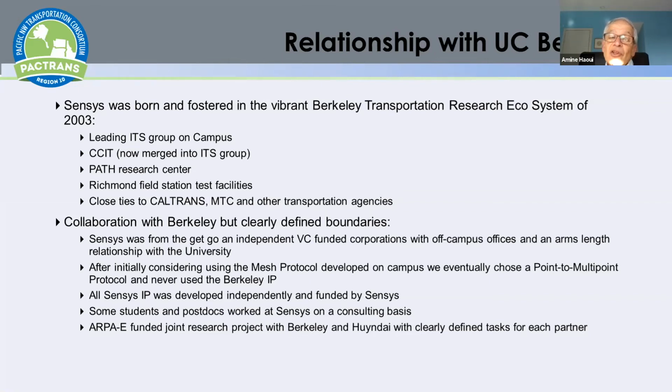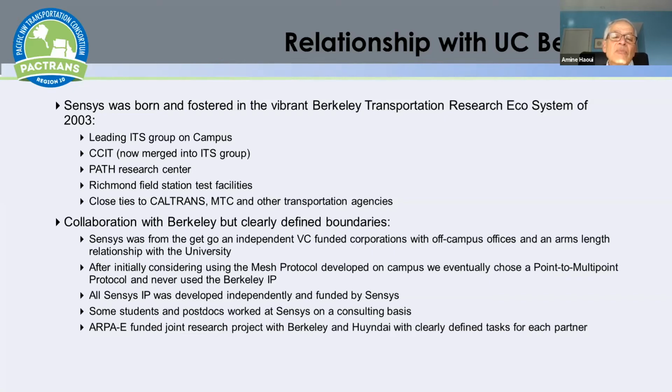And PATH, in addition to being a center, they also are in the Richmond Field Station, and their facilities were very beneficial to Sensys, including a very large pavement test machine. We happened to have a need to test the sensors in the pavement, and there are only 2 or 3 of those machines in the world.